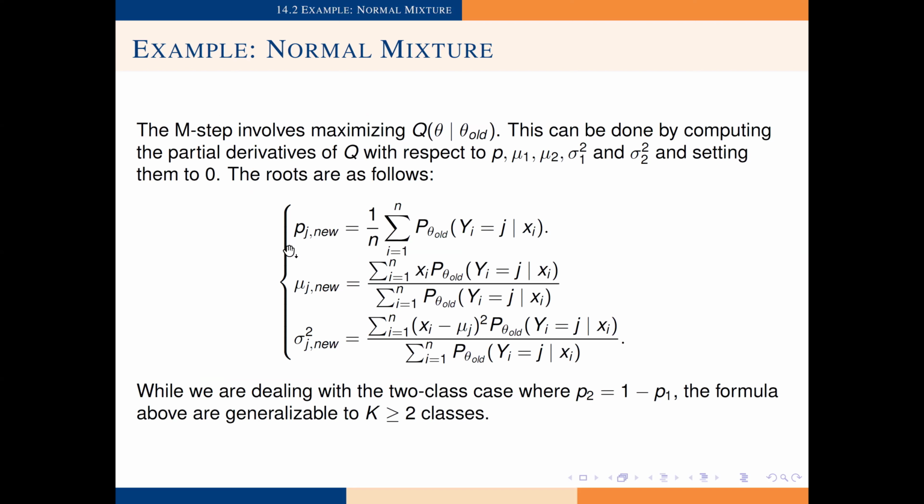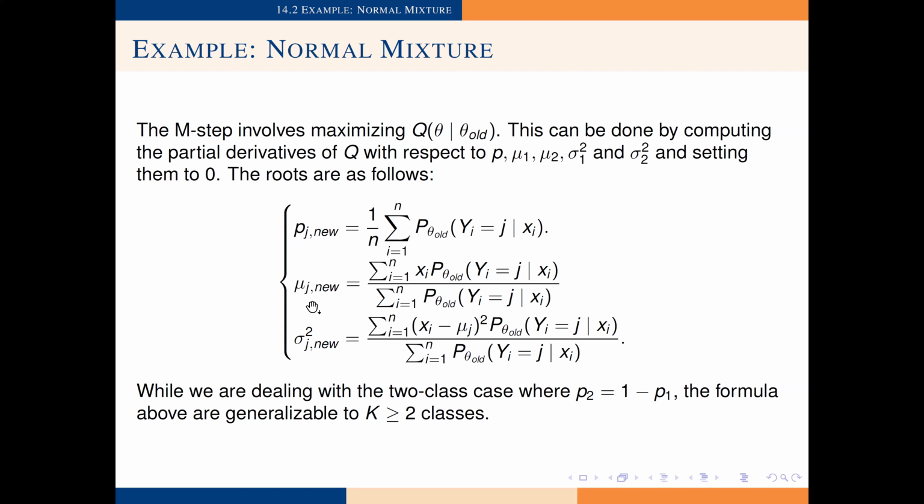If we take the derivative with respect to P and set that first derivative to be equal to 0, what you'll find out is that the Pj new, which is the optimal P that makes Q prime with respect to P equal to 0, is going to be given by 1 over n times the sum of the P theta olds across the i observations for class j.